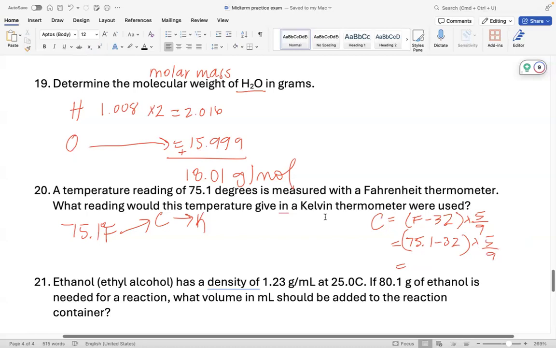So I got 23.9. All right, and this is Celsius.